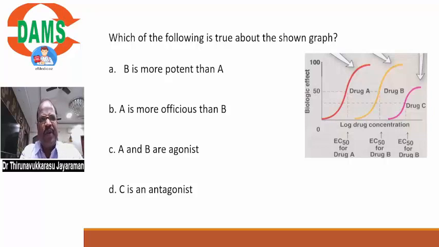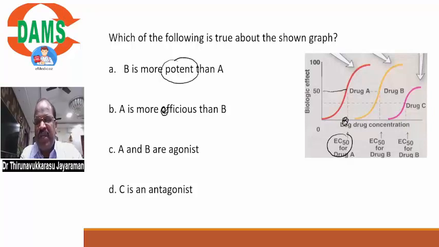Whenever they ask about potency, it means even at a low dose, if a drug produces a maximum response, that is called more potent. Efficacy means the maximum response. Now look at this curve, at the ED50 value. Even with a lower dose, drug A produces a very good response.